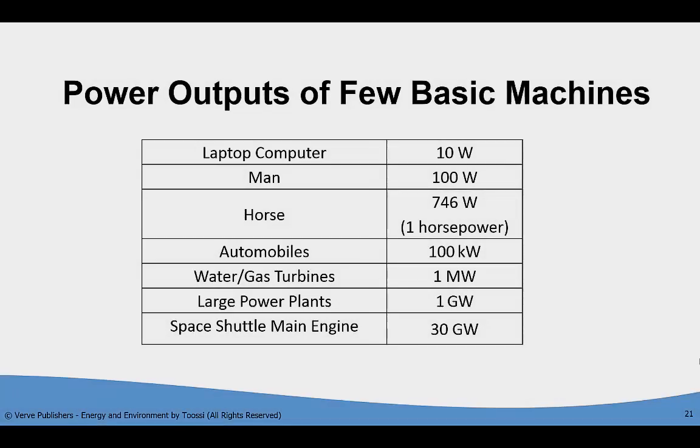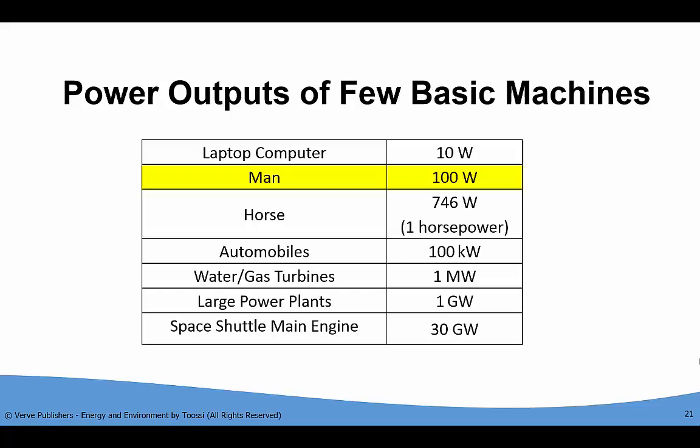This is the power output for a few basic machines, so that you can compare them. A laptop uses only about 10 watts. That means every second that it runs, it is using 10 joules of energy. Watt is a unit of power, which means joule per second. We use a certain amount of energy just to be alive. There are several bodily functions that need energy, even to breathe.